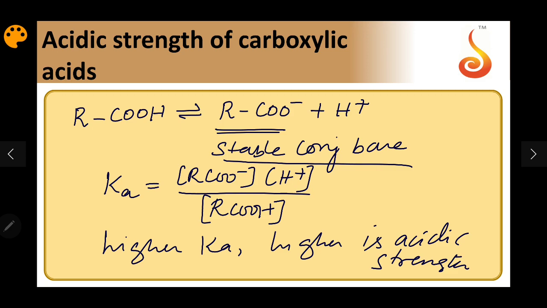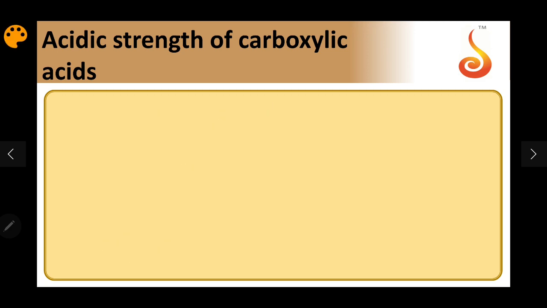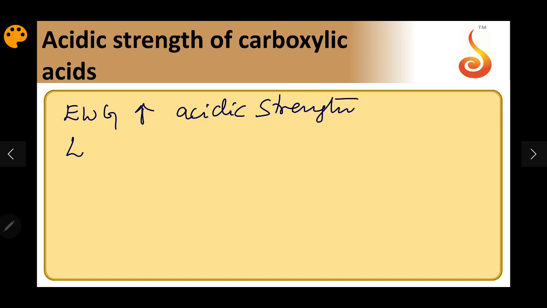So whichever group stabilizes the conjugate base will increase the acidic strength of acids. What type of groups will increase the acidic strength? Electron withdrawing groups increase acidic strength, and electron releasing groups decrease acidic strength.